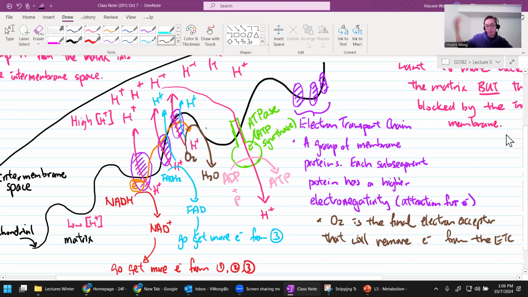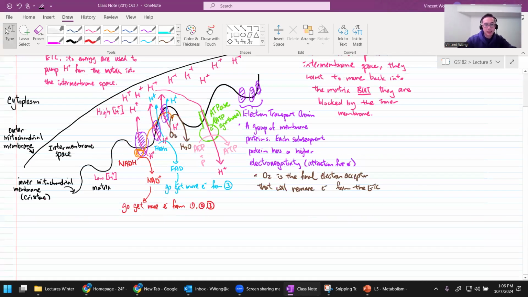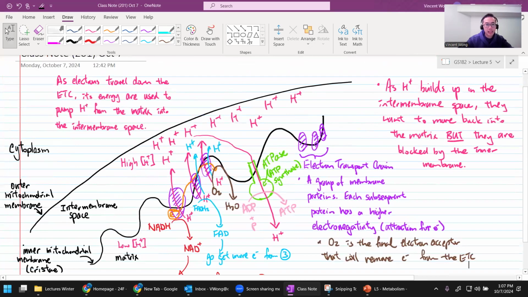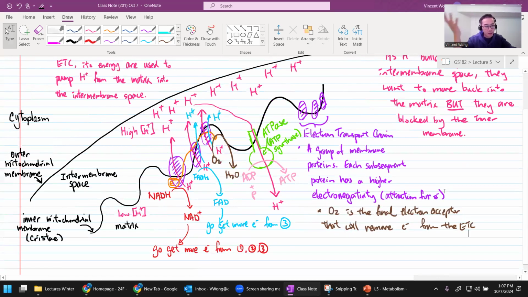And no H plus buildup means no ATP. Everything that goes on in the body needs some sort of energy. Without ATP, we die. So that's the story here. That is basically stage four of cellular respiration, and that's how you make a majority of your ATP, 32 of them.